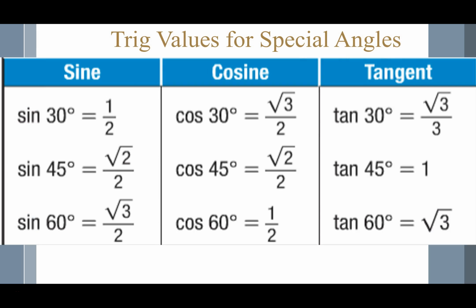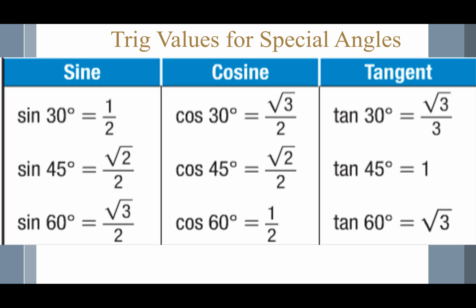Now this chart right here is just using your special angles, 30 degrees, 45 degrees, and 60 degrees. You should recognize those numbers from geometry. We talked about your 45-45-90 right triangles and your 30-60-90 right triangles. And that's where these ratios are actually coming from. They're based off that idea.